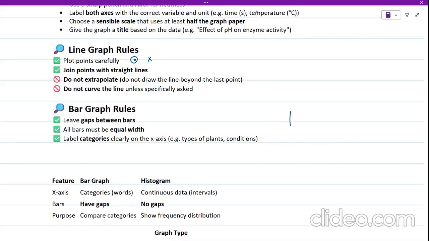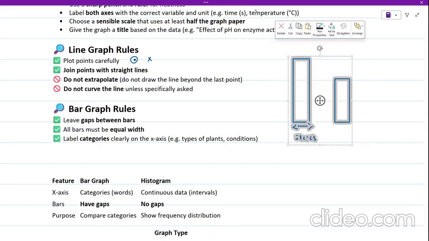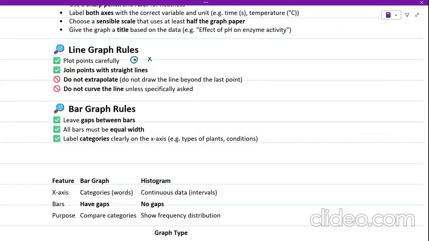For example, if this is one bar and this is another bar, they both should cover five small boxes, or you can choose any number of boxes you want, but all of them should then follow that number of boxes. Label categories clearly on the x-axis under each of the bars.